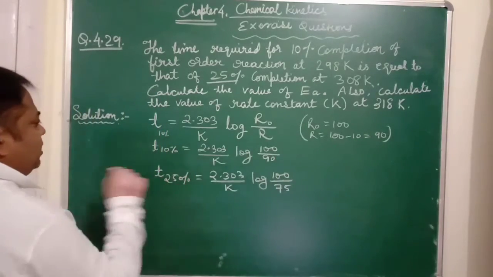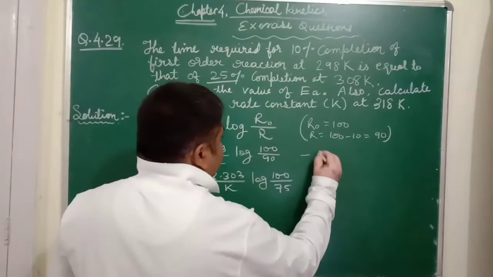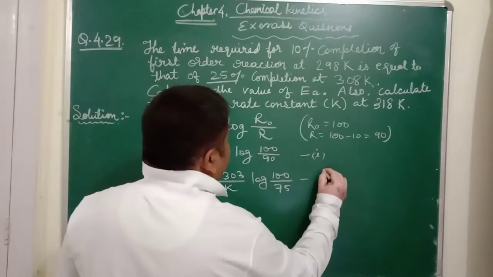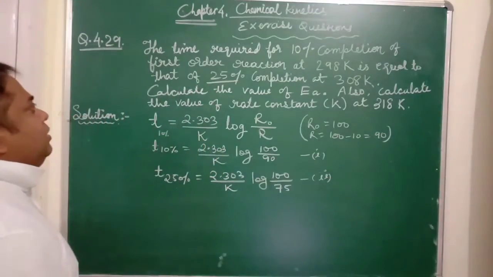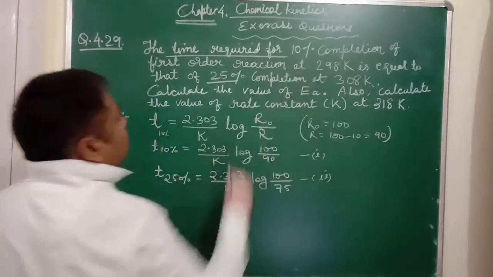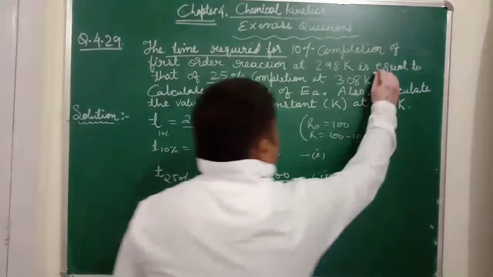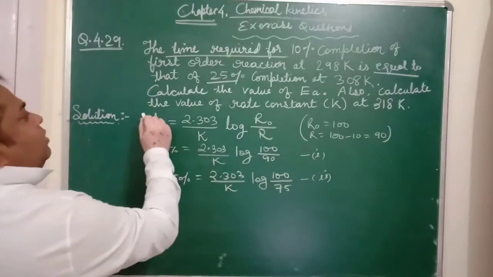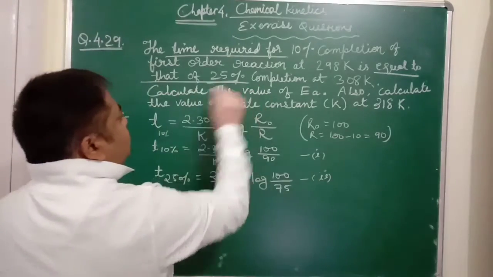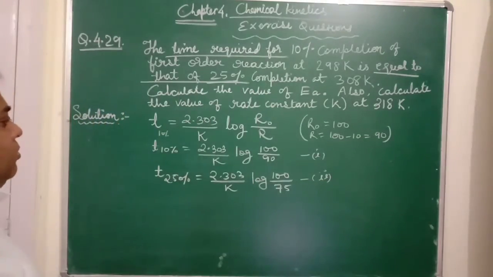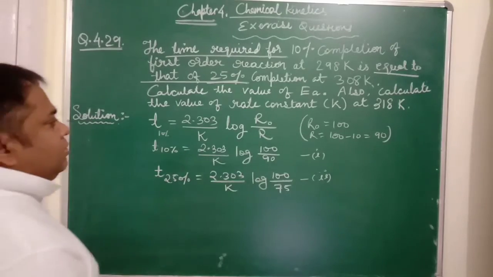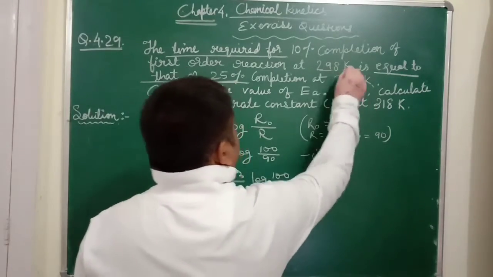Now these two time periods are equal. If it is equation 1 and equation 2, it is said that the time required for 10% completion is equal to that required for 25% completion at this temperature.